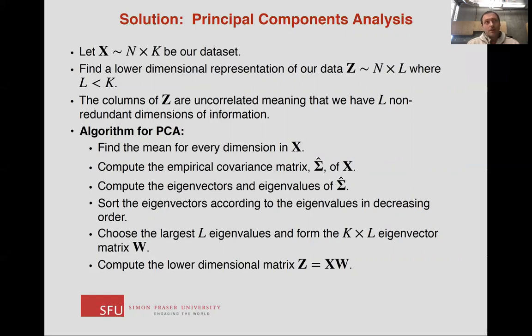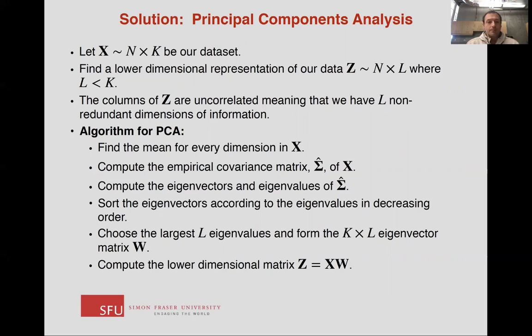And we might also think that if many of the columns are highly correlated with one another, that may increase the variance of whatever analysis we're doing, or at any rate, complicate our analysis. So we'd also like Z to be uncorrelated, meaning that these L dimensions contain non-redundant information.